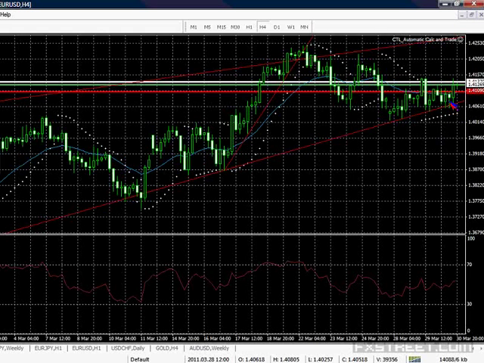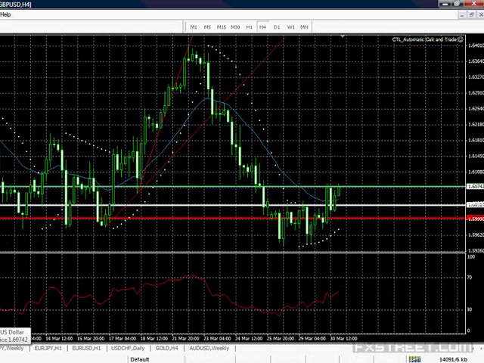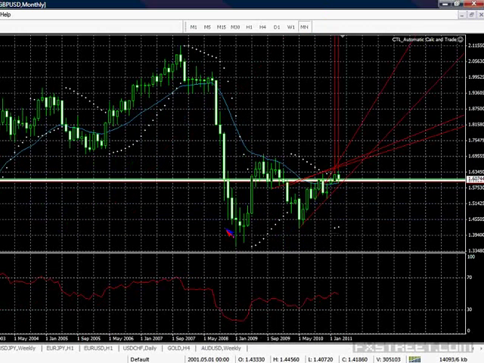All right? This does feel a little bit more corrective, doesn't it? Same time frame. Let alone the monthly. I mean, in 2008, we took out the 2000 low, if you want to get macro.